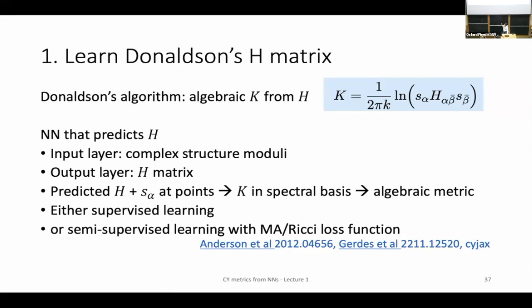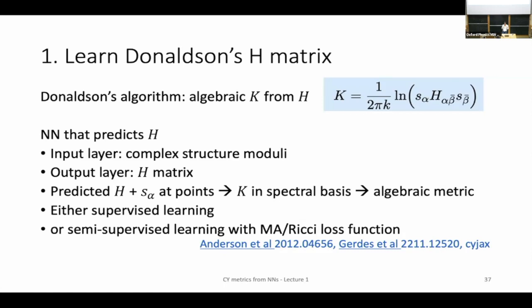And another fun thing about this is that this is something where you can apply supervised learning. So this is a way where you can test whether it's actually feasible to try to do these things. This is one reason why this was tried very early: you can do this in a supervised way, because you can use Donaldson to compute what H is, and then train your network using that, and then compare in the standard way with some mean square error, for example, as a loss function.